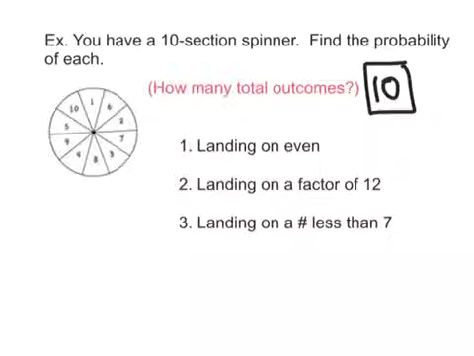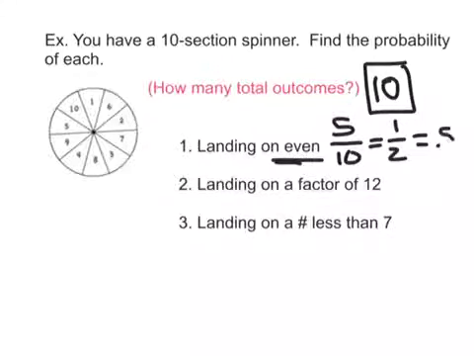Okay, so landing on an even number. Well, in a 10-section spinner, there are 5 even numbers: 2, 4, 6, 8, and 10. Again, that is divided by the total number of possible outcomes, which is 10. So the probability of landing on an even is 5 over 10, or that reduces to 1 over 2, which we know as 0.5. That's also known as 50%.